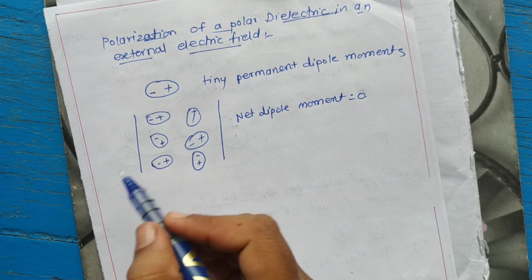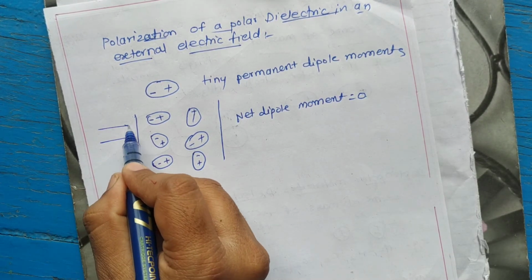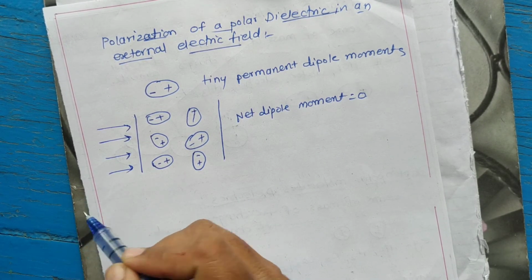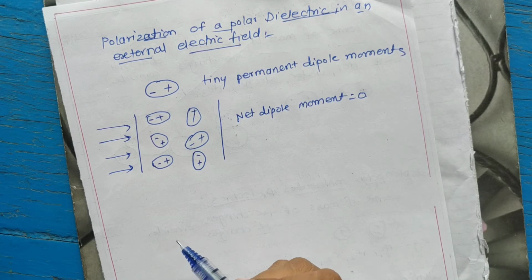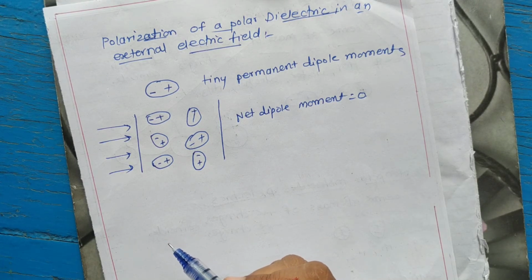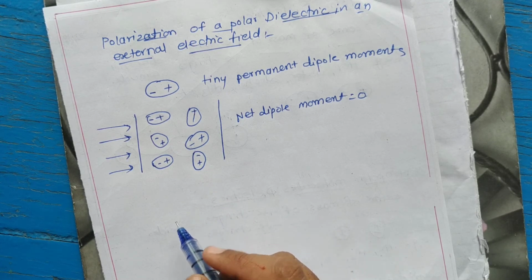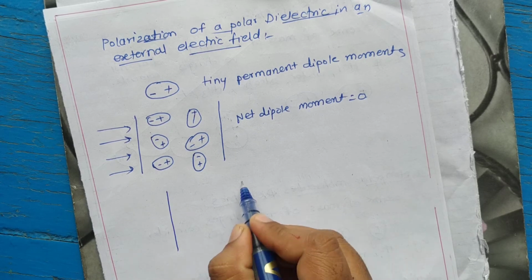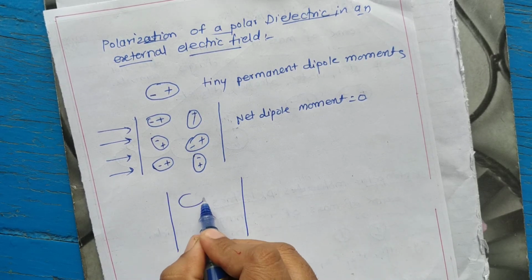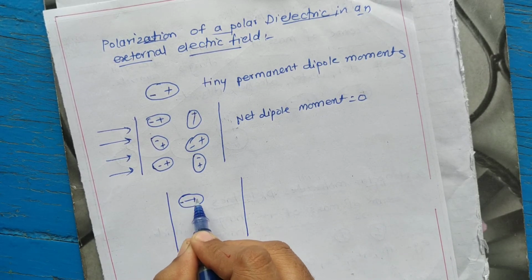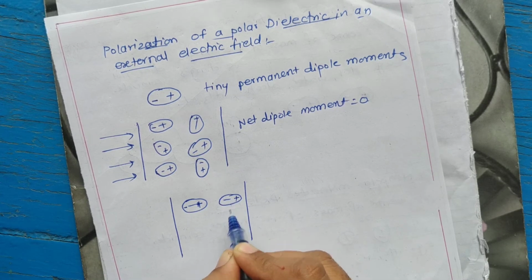When an external electric field is applied to these molecules, the dipole moments of the different molecules tend to align with the field. Then we will get a structure like this: negative positive, negative positive.